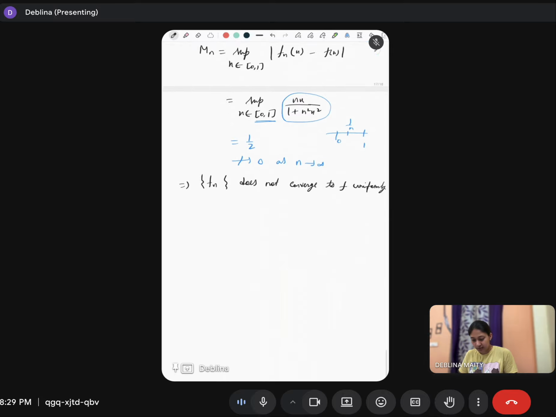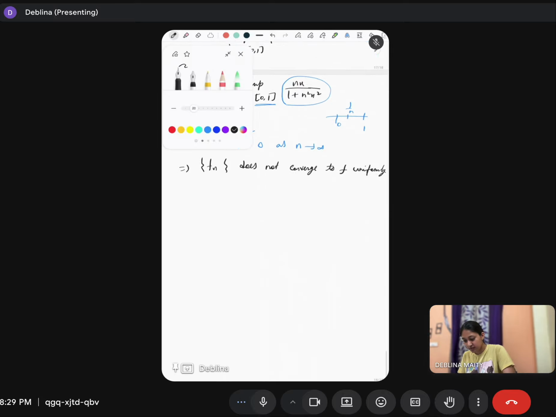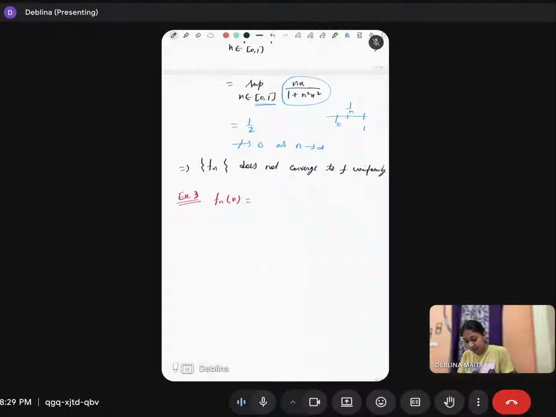Okay, so let's see another example. Here our fn(x) is defined by x square e to the power minus nx, where x belongs to 0 to infinity.